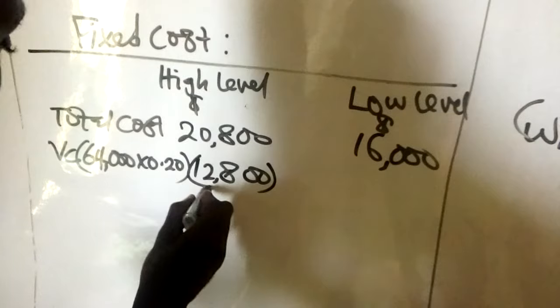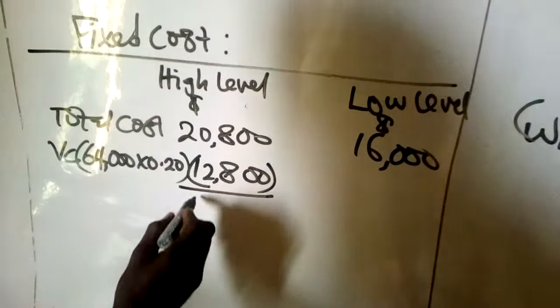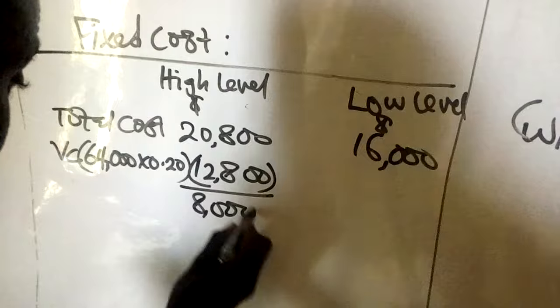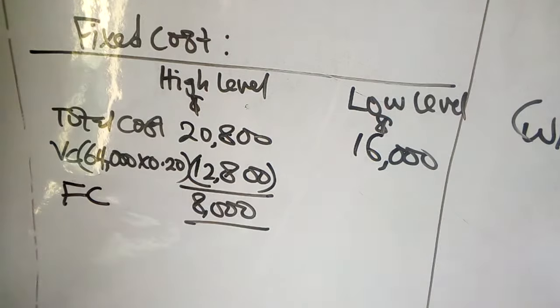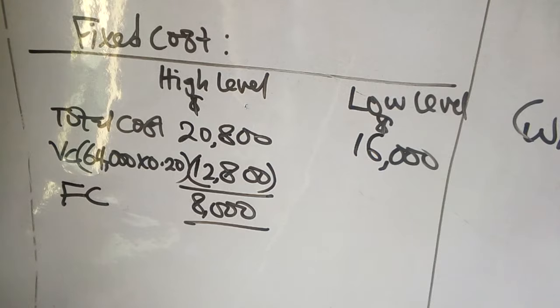If you remove 12,800 from 20,800, you'll be left with 8,000. That 8,000 represents the amount of semi-variable costs that are fixed. The fixed element of the semi-variable cost is 8,000.